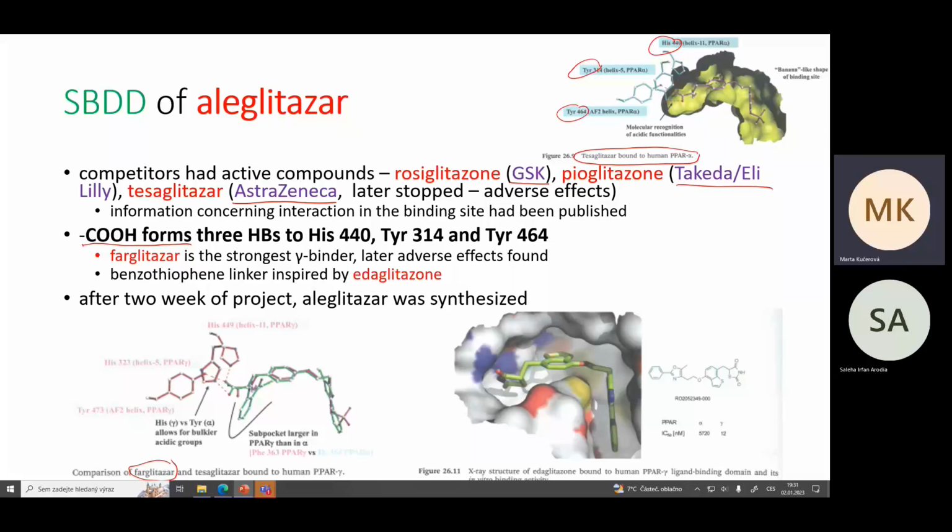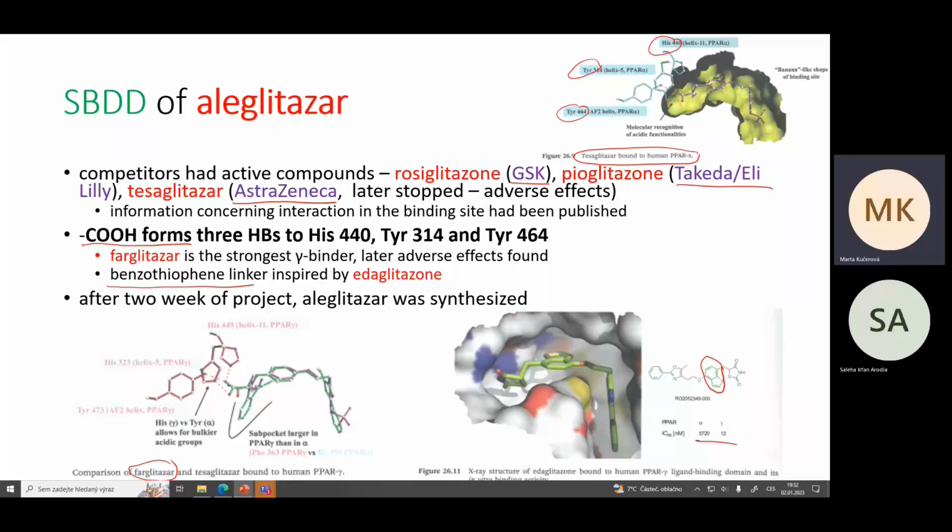So they took a lesson also from the structure of farglitazar, and the benzothiophene linker was inspired by edaglitazar. So we can see the structural feature here, and also the activities against PPAR alpha and gamma.